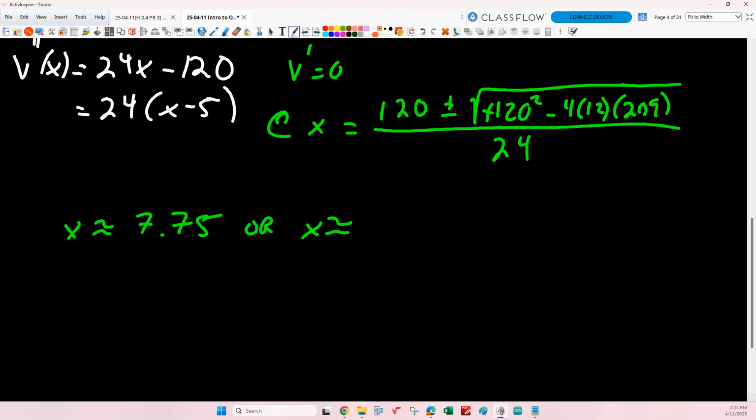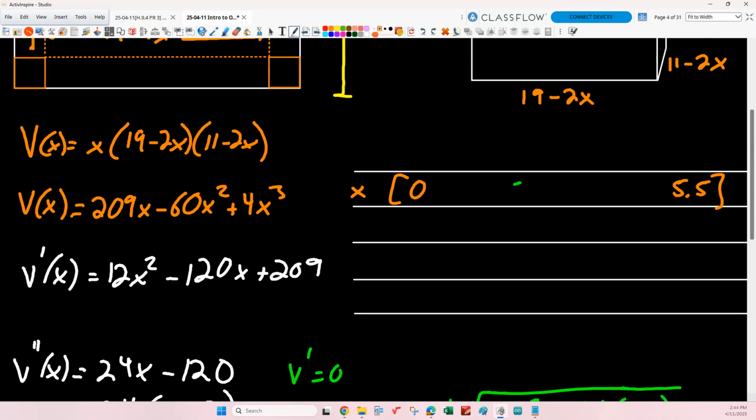Yeah, I got 2.24, or 2.25. Okay, there you go. Are those both good? What's wrong with the first one? It's outside the domain. So that one we could cancel, right? So we only get one critical number at about 2.25.